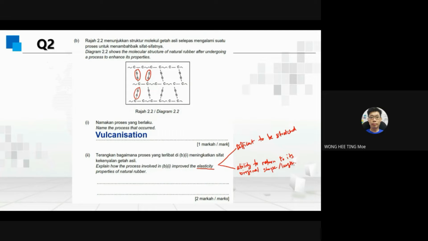If natural rubber does not undergo vulcanization, it is easier to stretch. If you stretch vulcanized rubber, it is able to return to its original shape or length, so we call it more elastic. Based on these two, we can explain how vulcanization makes it difficult to be stretched and able to return to its original shape or length.